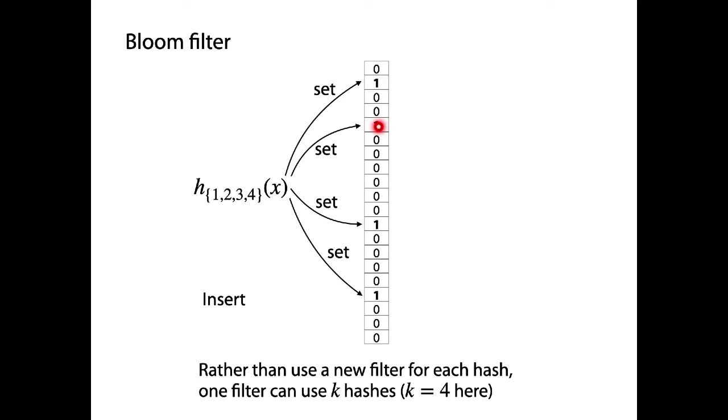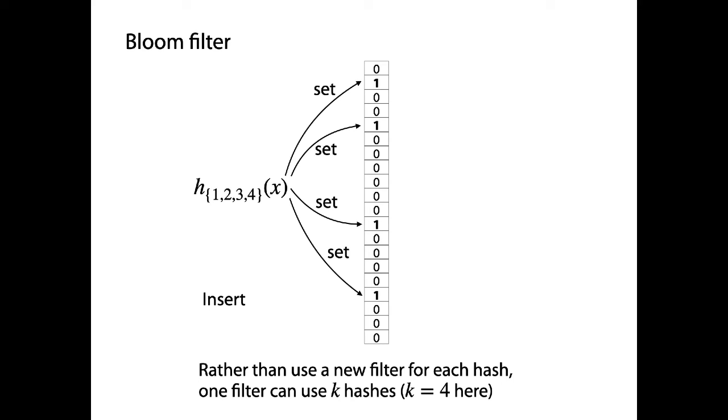But in this example, I have 4 hash functions, and I've set 4 of the bits in my bit vector to 1. This is very similar to having 4 separate bit vectors, each with their own individual hash function, but it ends up being a little bit more efficient in terms of space and simplicity.